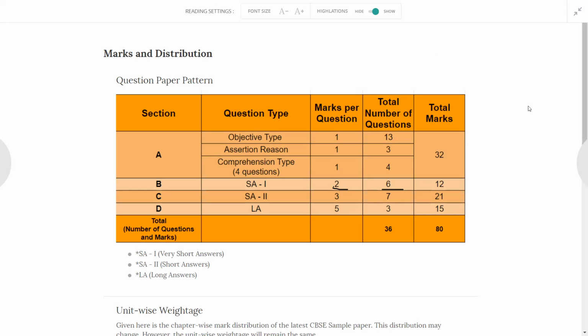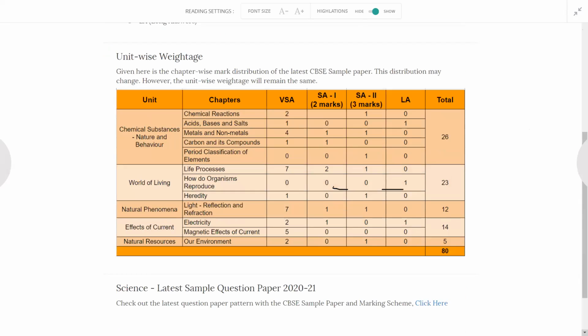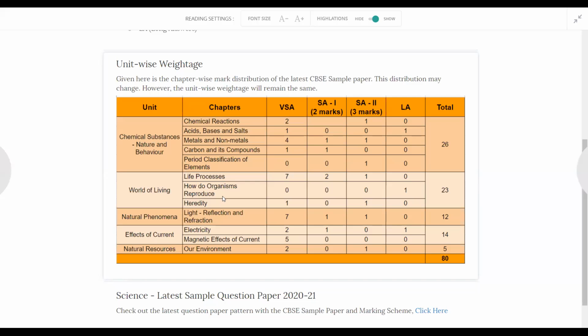Next we will move on to the unit wise weightage of the paper. This is the unit wise weightage of this year's paper. As far as biology is concerned, you have two units: the world of living and natural resources.